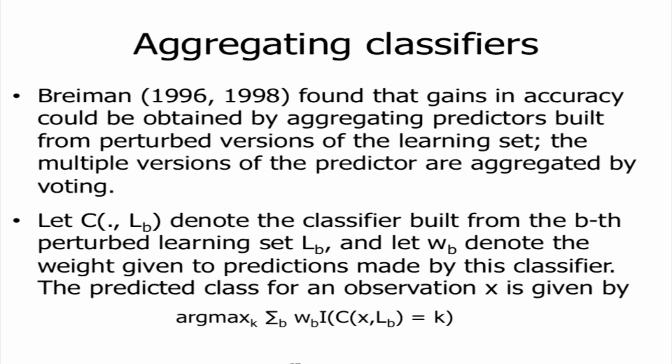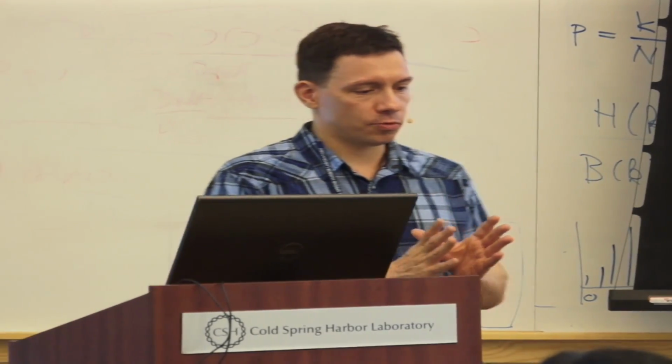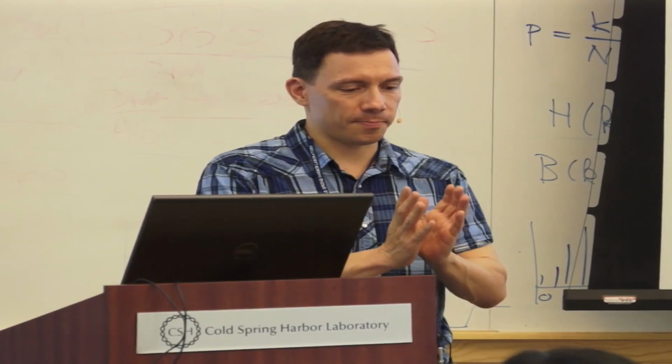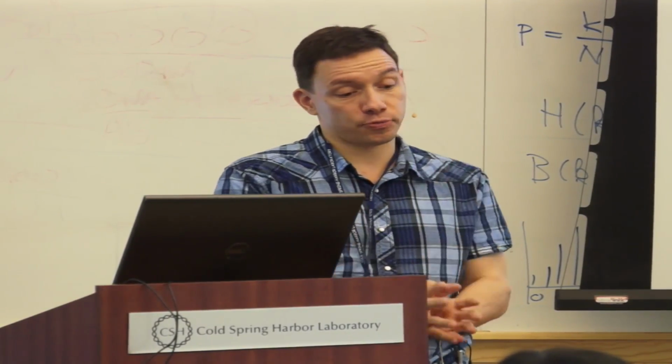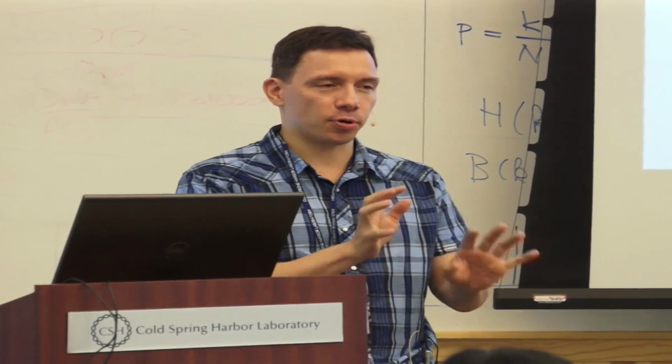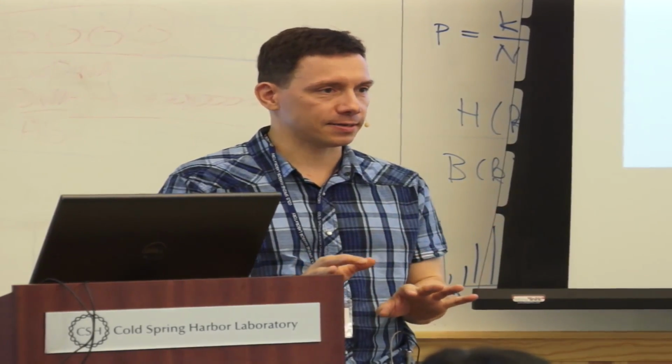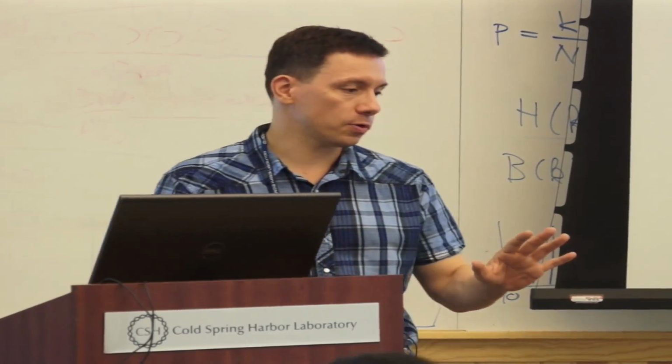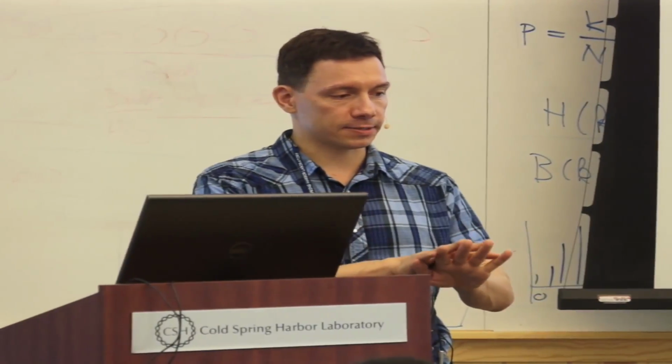But before we get there, let me review some terminology. The idea of these aggregated classifiers, also known as ensemble classifiers, is to have multiple weak predictors on slightly perturbed versions of the data set. So imagine you have your initial 100 subjects.